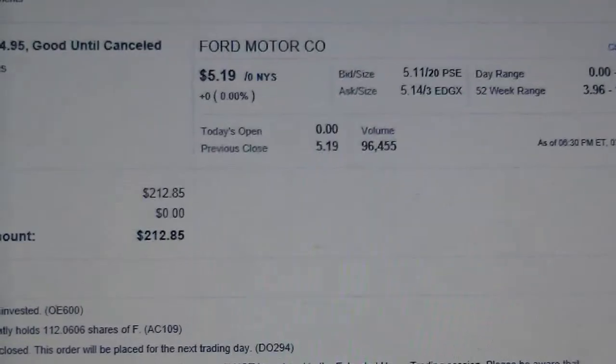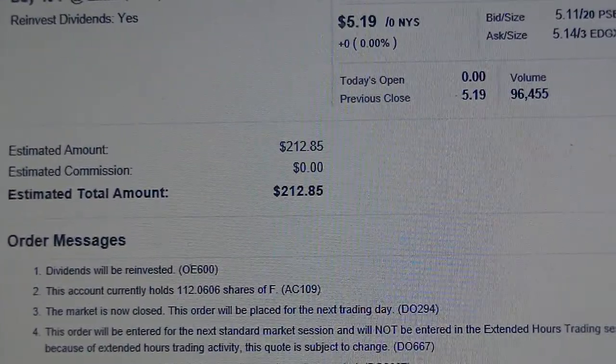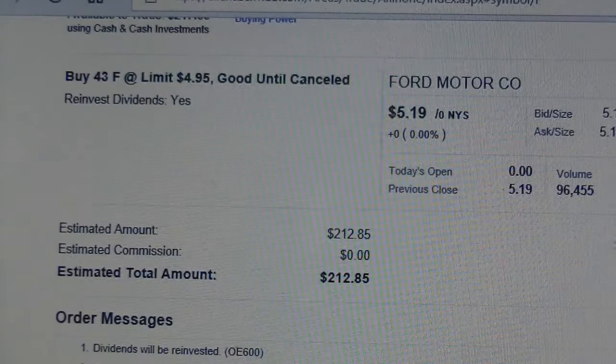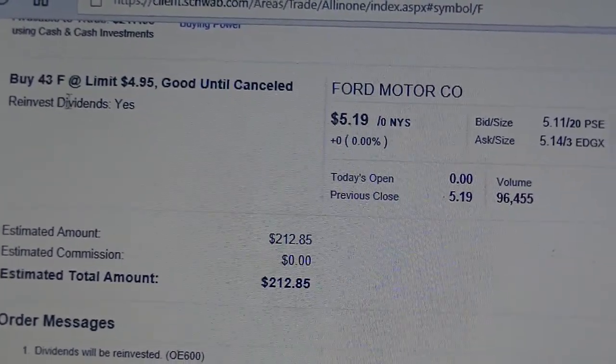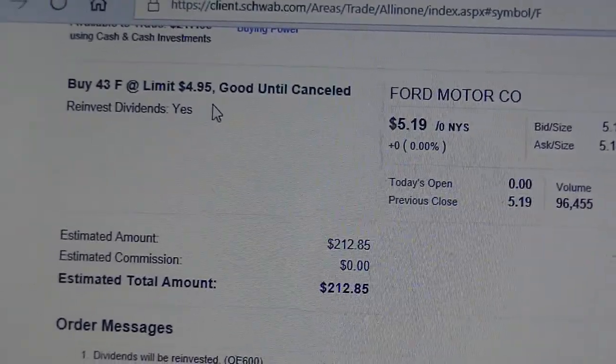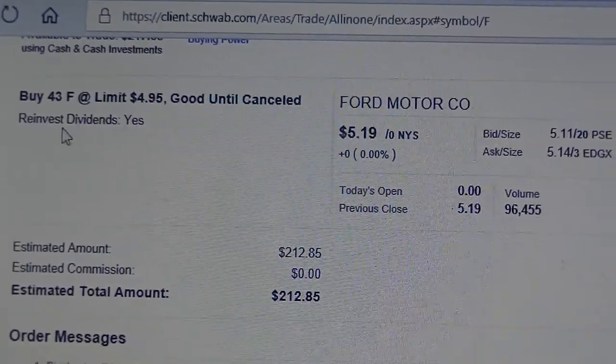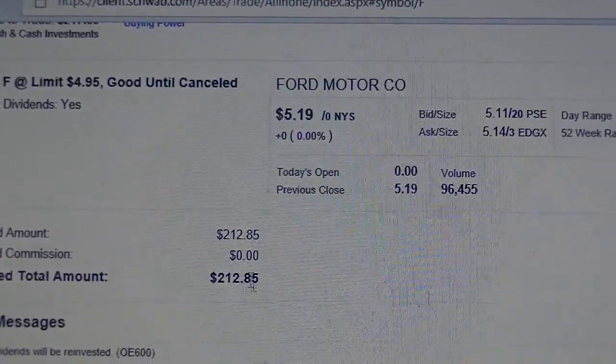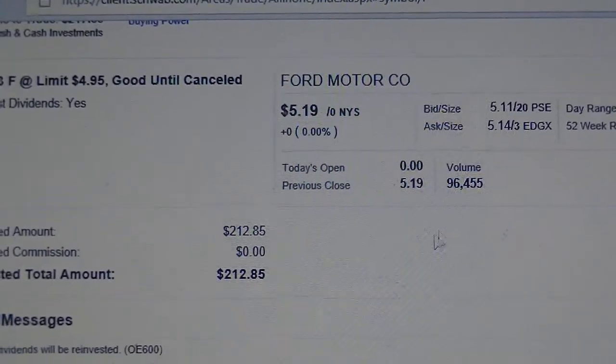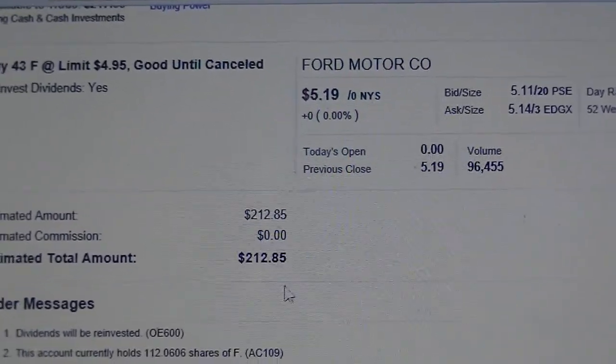Now that I click on it, let's see what it's saying to us here. It pretty much tries to summarize my order. Buy 43 Ford at $4.95, good until cancel, reinvest the dividend, and the total is $212.